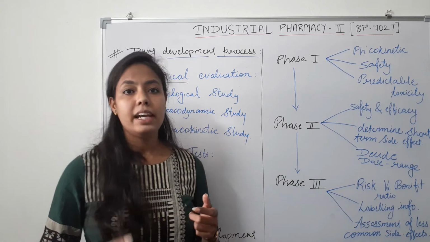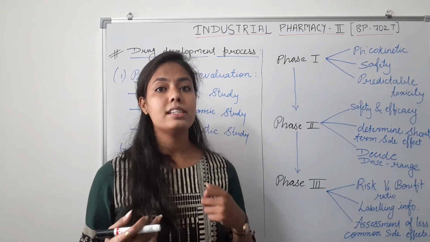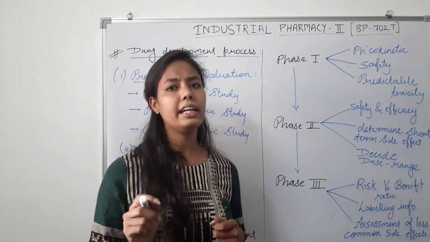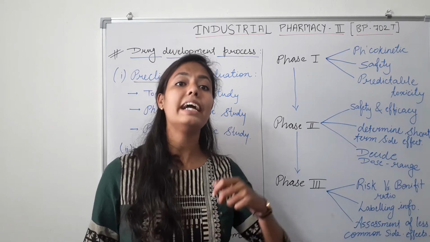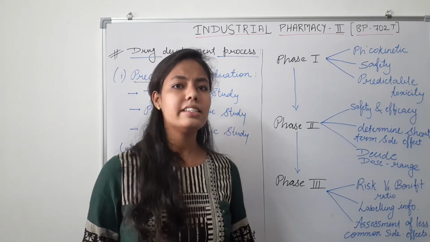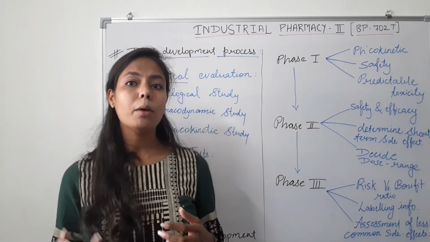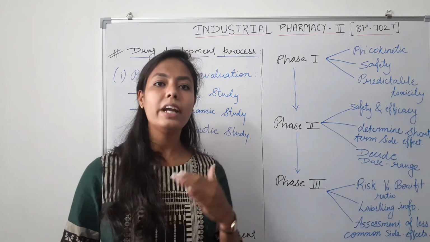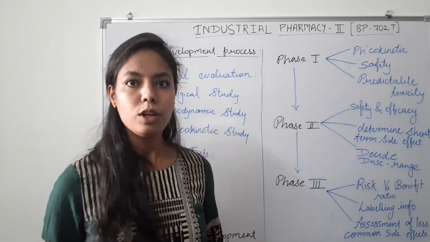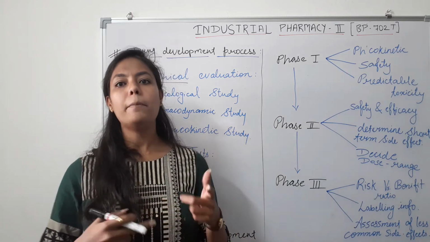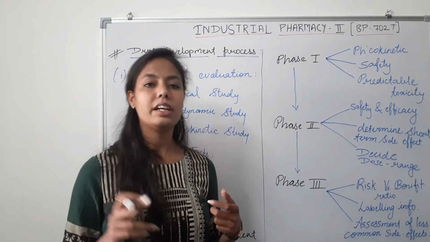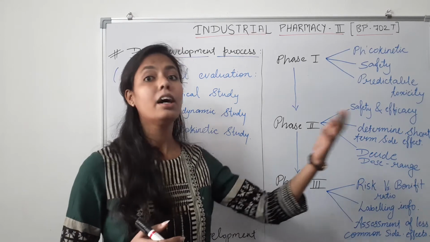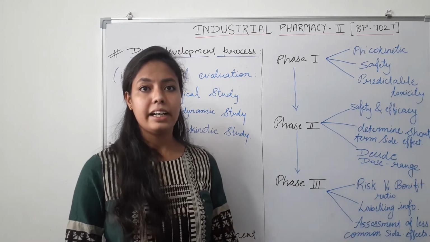This phase is further extended to phase 3B, which usually begins after approval to supplement additional safety data. In some cases, it may be conducted upon approval of the drug to produce more data that may prove its usefulness. It also includes comparative analysis of the cost and effectiveness of the drug against previously available marketed drugs.